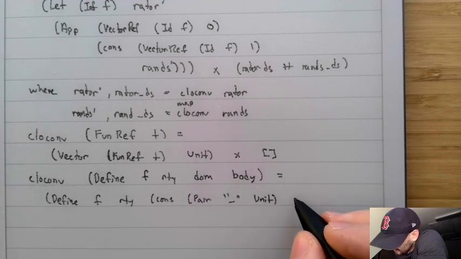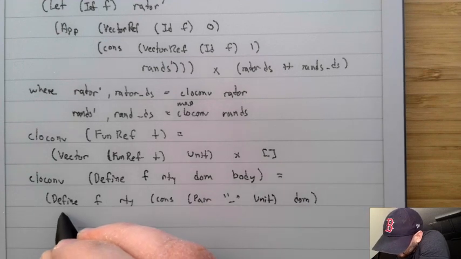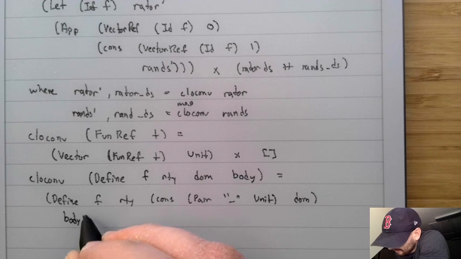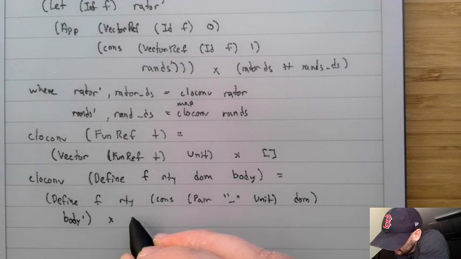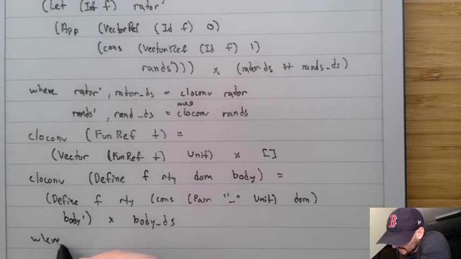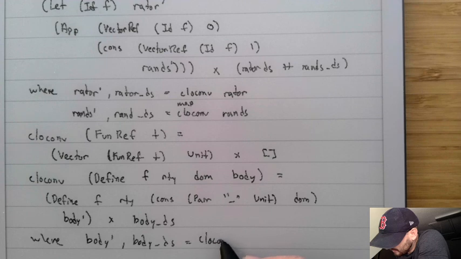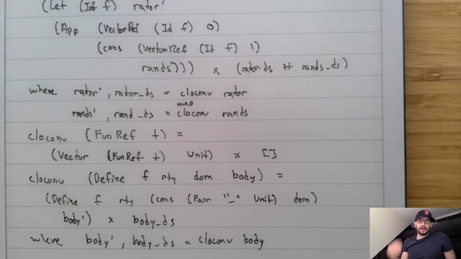That's the closure. And then we have the old domain, and then we have the new body, body prime, and we combine this with the body definitions, where the new body, body prime, and the body definitions is equal to calling closure convert on the body. Because we have to go through every top-level function and see if it has any definitions inside of it.